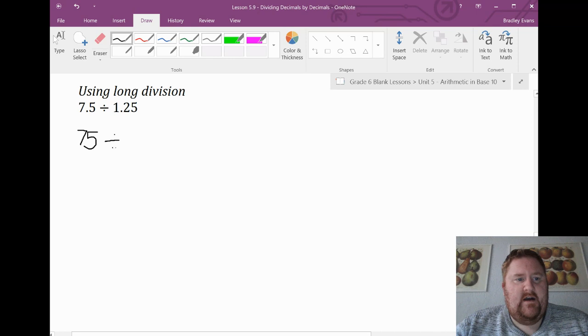And 1.25 multiplied by 10 is 12.5. I still have a decimal place, so I'm going to multiply again. 75 times 10, 750, divided by 125. There's my long division that I'm going to work on that has no decimals.